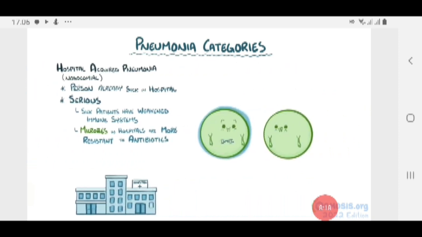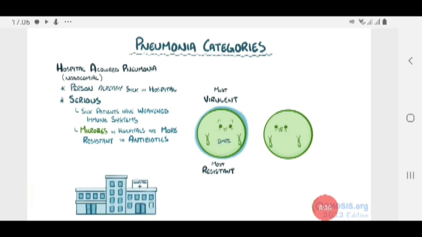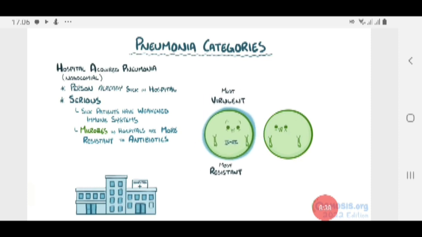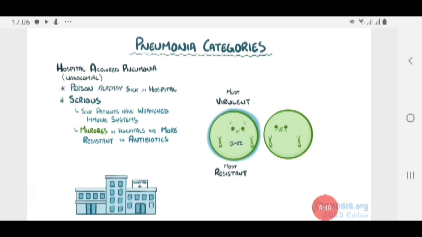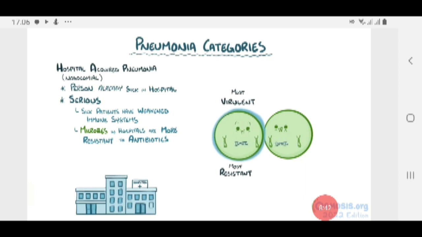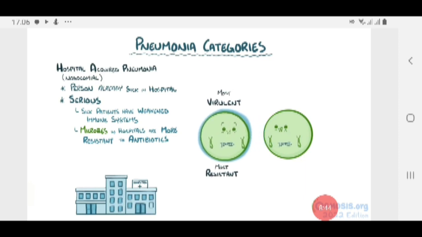That's because hospitals bring together the bacteria that are often the most virulent, think great offense, as well as the most resistant, think great defense. And these bacteria are able to swap some of the antibiotic resistance genes with each other.